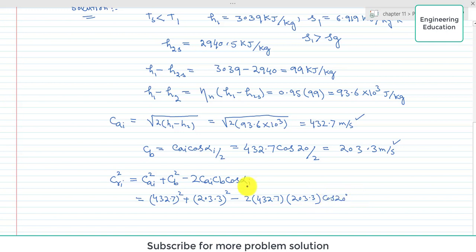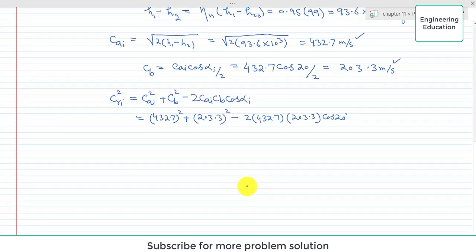Simplifying and solving for the relative velocity at inlet, CRI is equal to 251.5 meter per second.